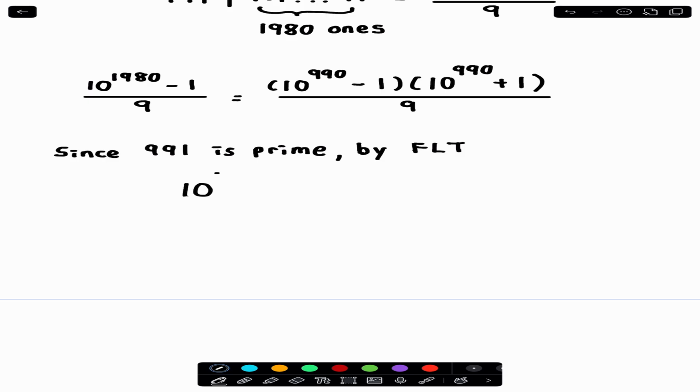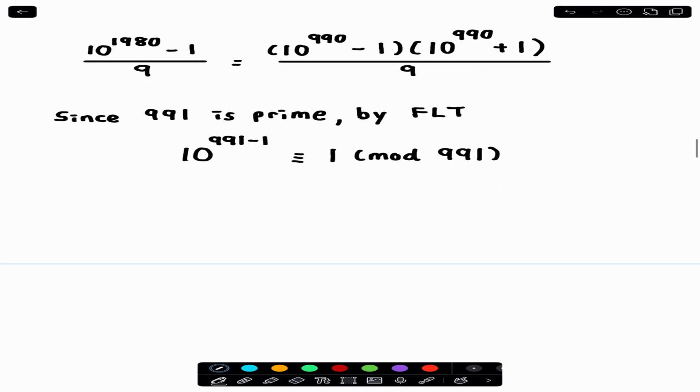We know that 10 to the power of 991 minus 1 is congruent to 1 mod 991. Or, 991 minus 1 is 990, and we can actually move everything to one side by subtracting 1.